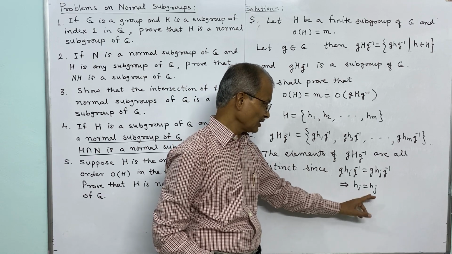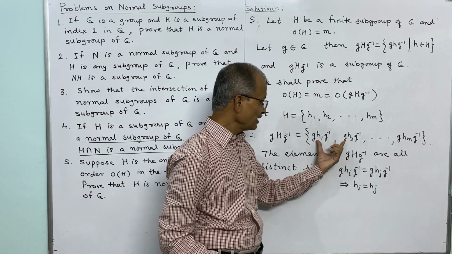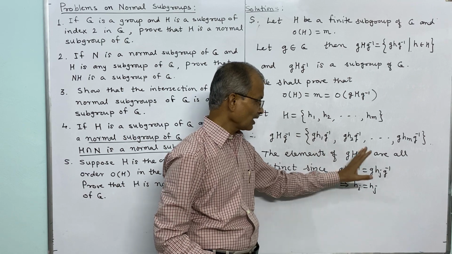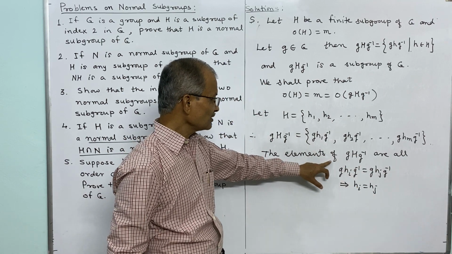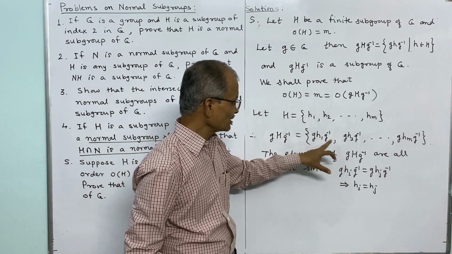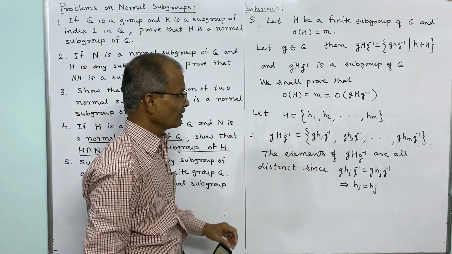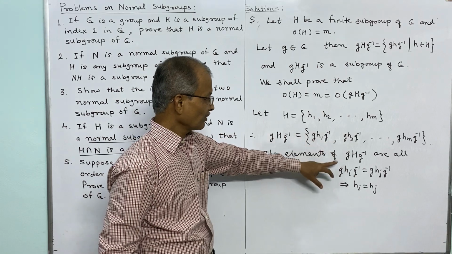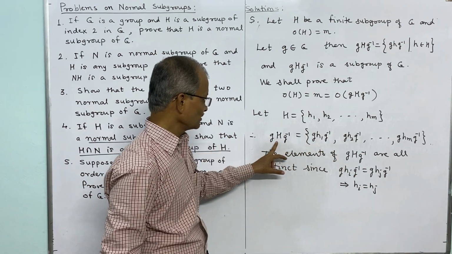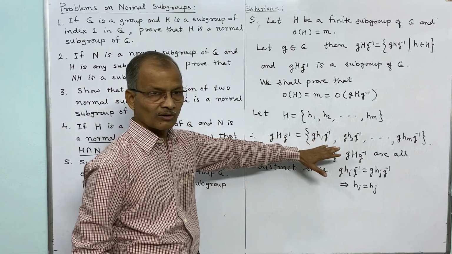But h1 is not equal to h2 here, because these are distinct elements of H, and therefore the elements of gHg inverse are also distinct.